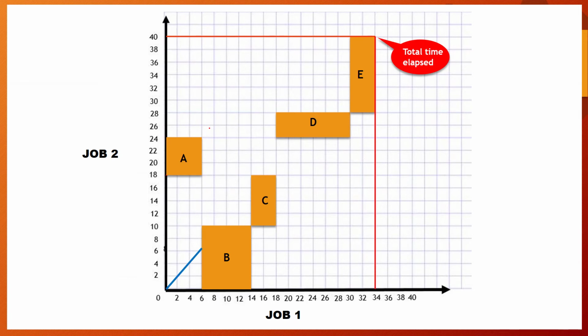So now we need to plot the graph. The efficient situation is that both the jobs are being processed, so we need to try to make the inclined line as much as possible.